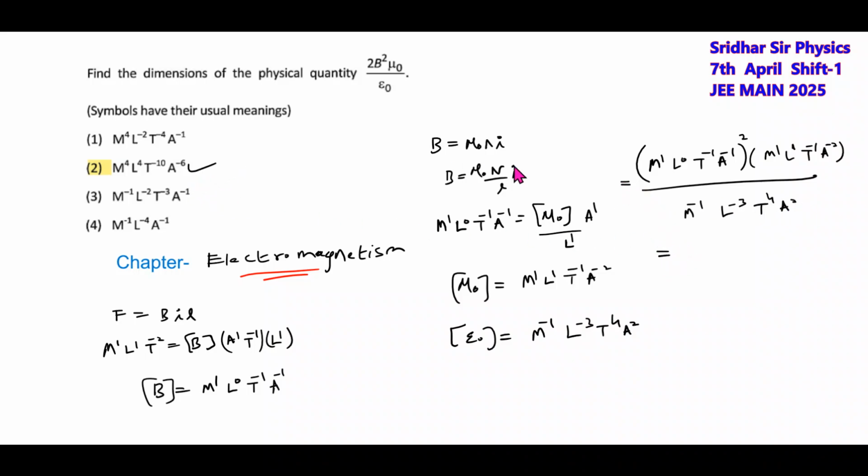Solving this, we'll get M to the power of 4, L to the power of 4, T minus 1, A to the power of minus 6.